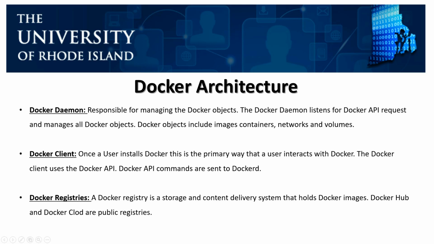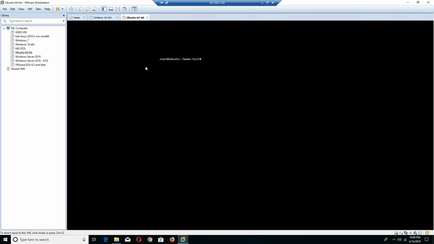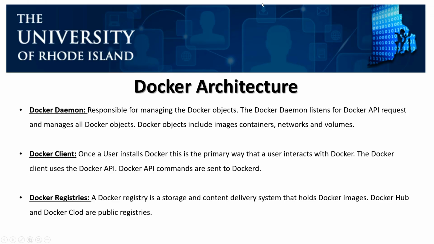Once you have successfully installed your Docker, what you will be interacting with, if you recall correctly, in our case here is the Docker client, right? So if I do docker --version, you could see the version that I'm running. So if I'm going to interact with Docker, what I'm essentially going to be interacting with is what is known as the Docker client.